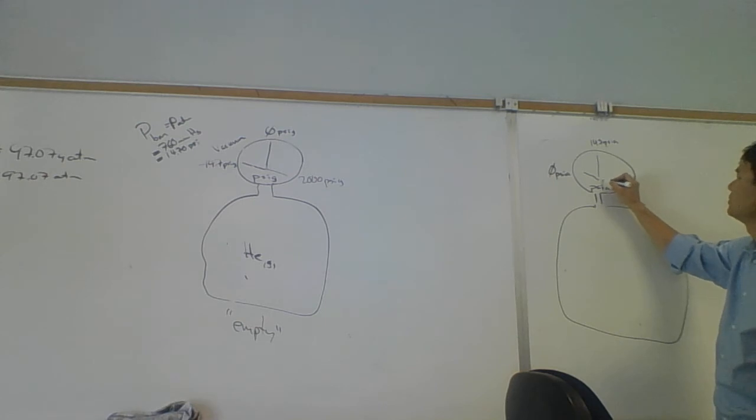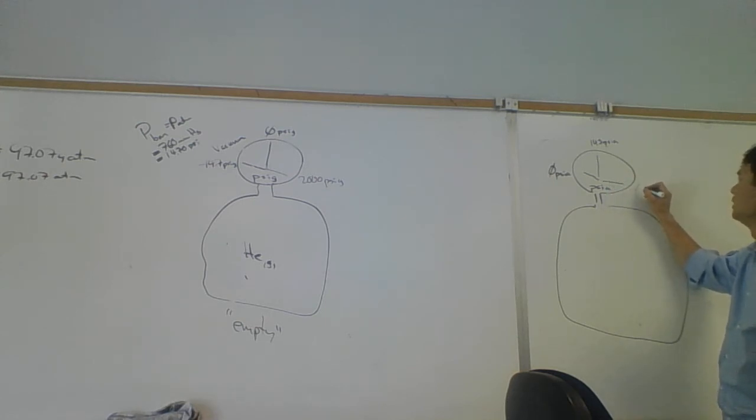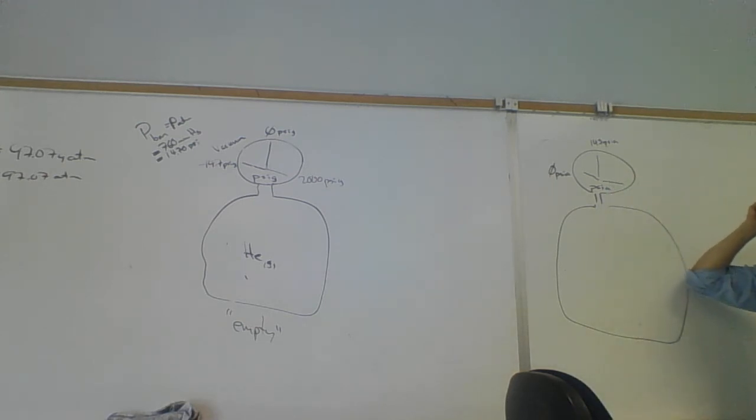And if we're at 2,000 psi G, then what are we at in terms of psi A? What is the psi A here?